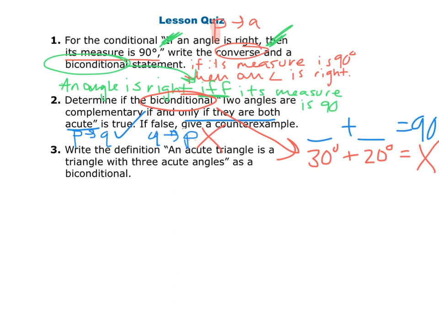Write the definition, an acute triangle is a triangle with three acute angles, as a biconditional. So our biconditional needs to contain if and only if, and our definition has the word is in it, so we can put the if and only if right there.